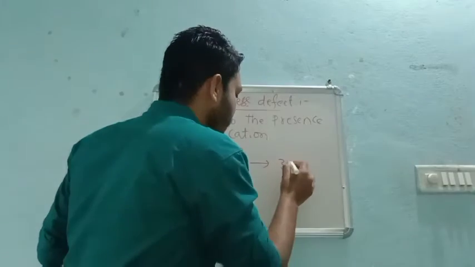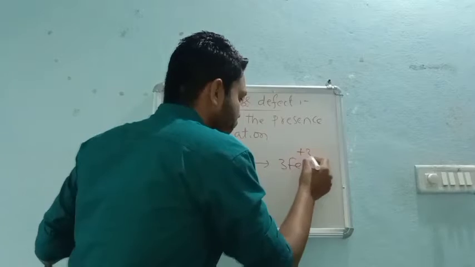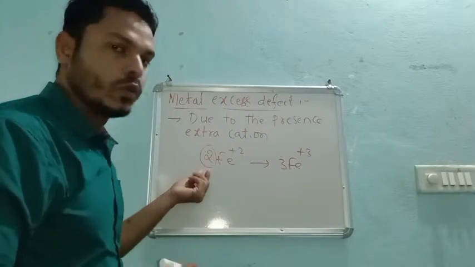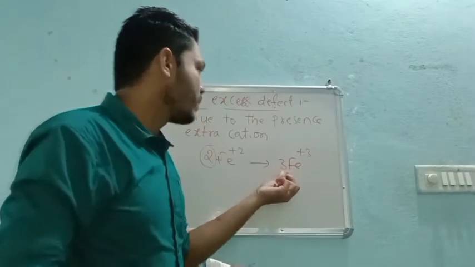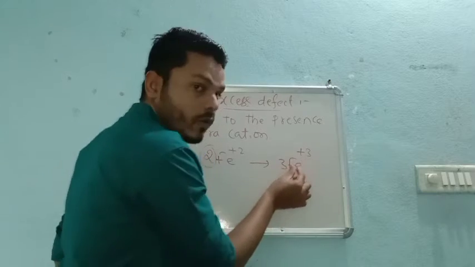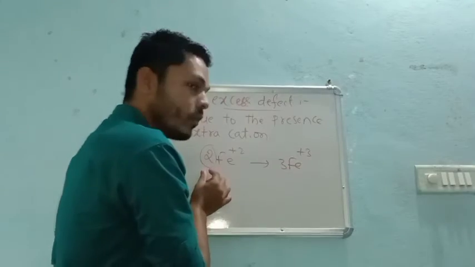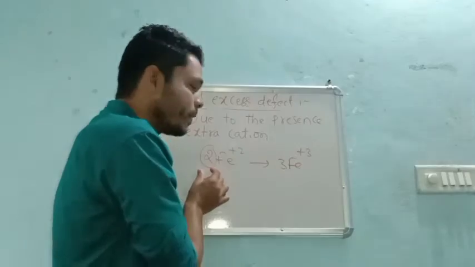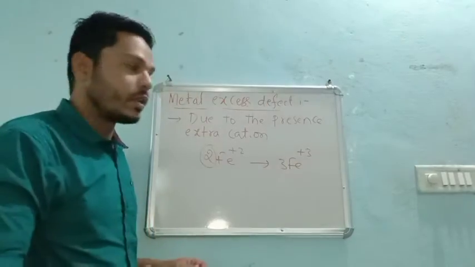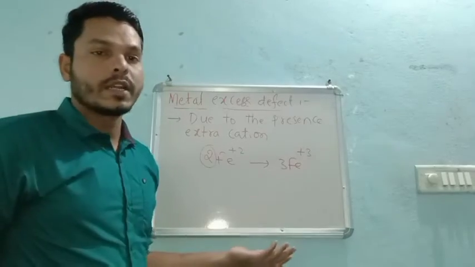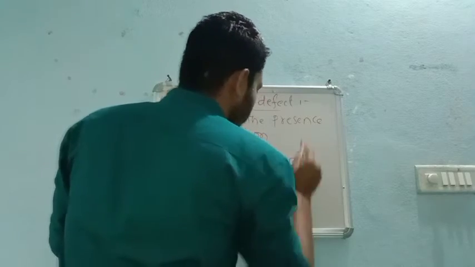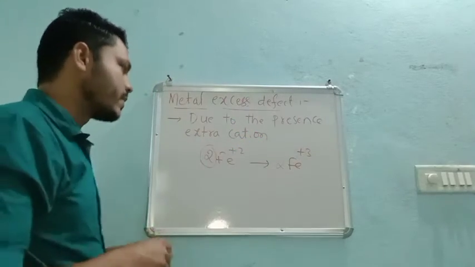Now see, before it was 2 and now there are 3. That means due to extra cation, one cation is extra now. Before there were 2 only, but after some changes, one extra charge has come.